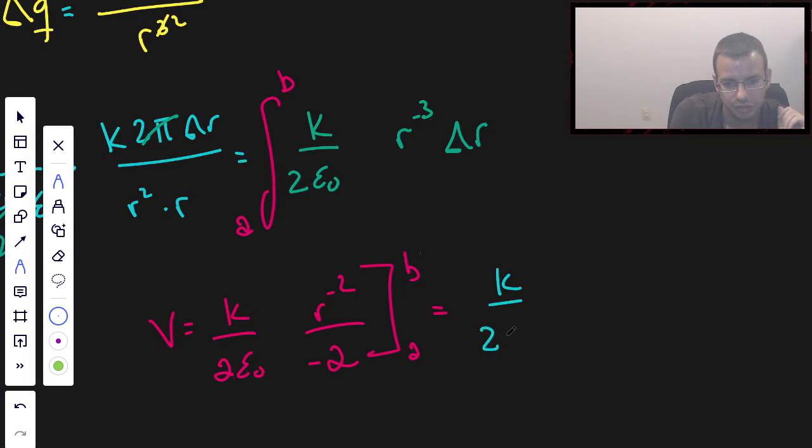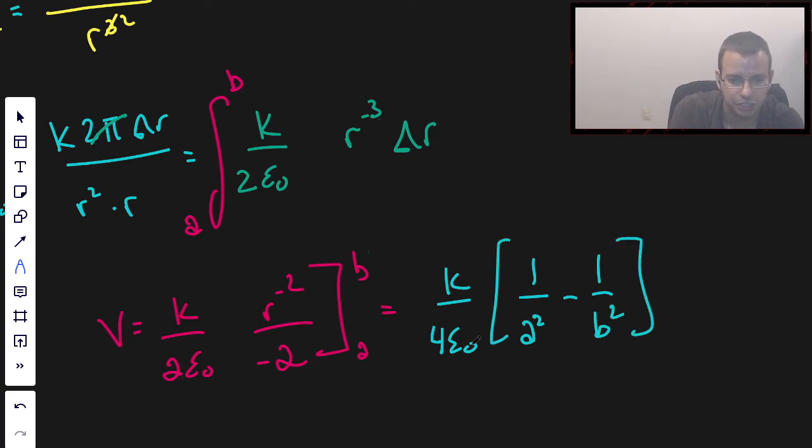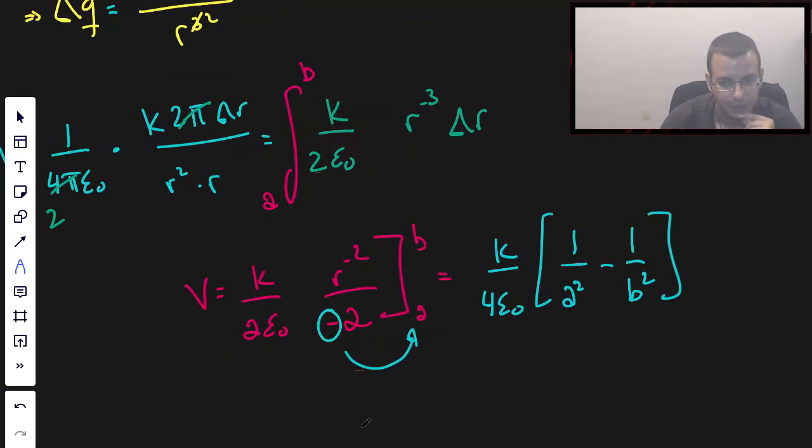K over 2, I'm going to say 4 epsilon naught, because 2 times 2. And then normally this would be 1 over B squared minus 1 over A squared. But I'm going to do 1 over A squared minus 1 over B squared. And what I did there was I took this negative and flipped the limits of integration. So we got that part.